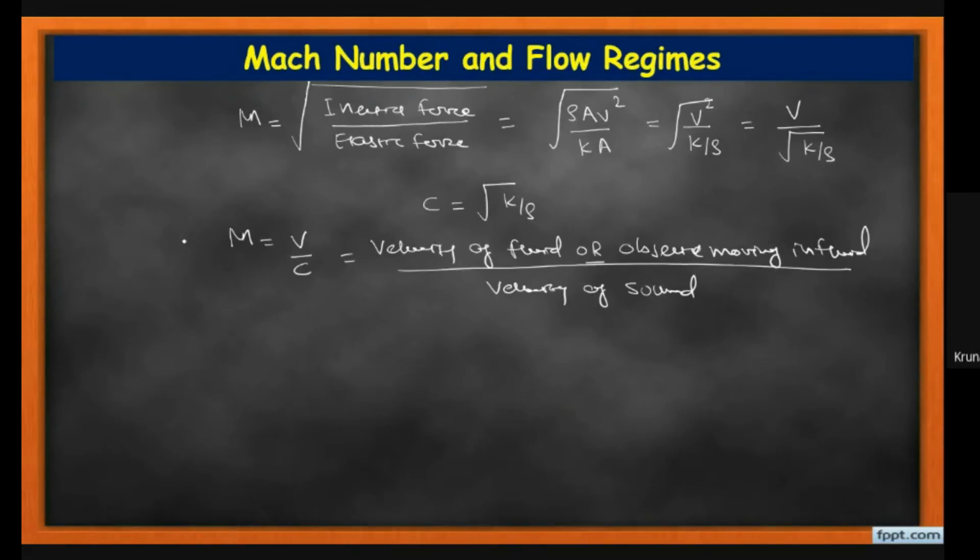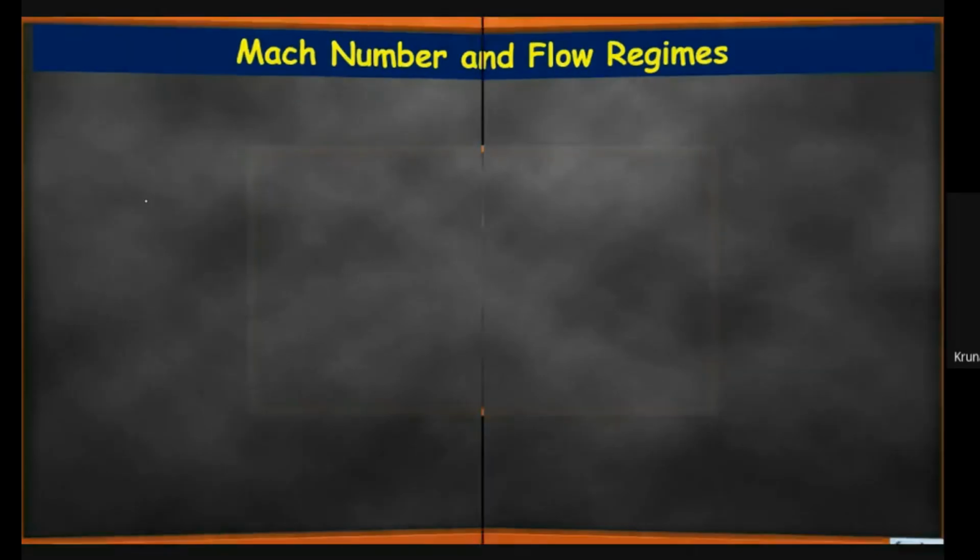So students, based on the Mach number value we can classify the different types of flow. First, when the Mach number is less than 0.3, which indicates that the velocity of the object is very low compared to the velocity of sound waves, that kind of flow is called incompressible flow. Examples are flow from a fan, blower or hydraulics.